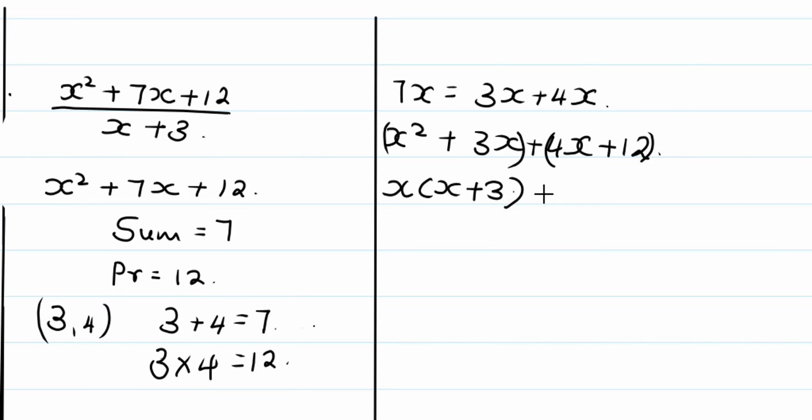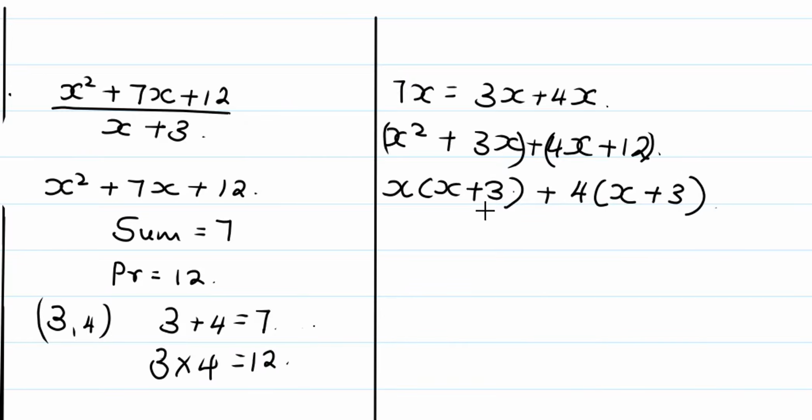And then plus, again, I can take 4 outside because 4 is common. You can divide 12 by 4. So when I take 4 outside, then here I remain with x, then this x multiplied by 4 would be 4x, then plus 3, because 4 multiplied by 3 would be 12, like that.